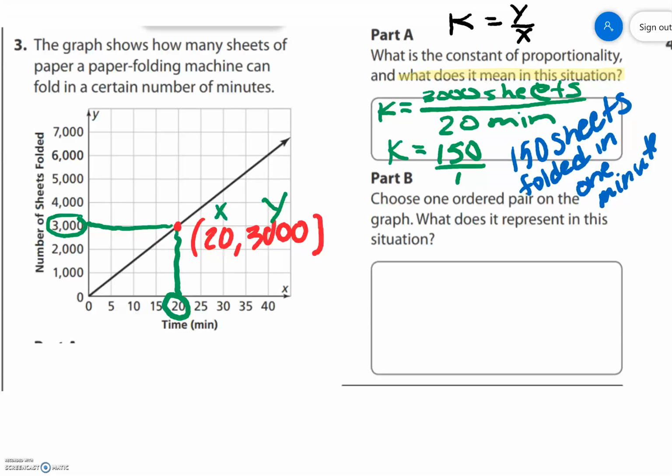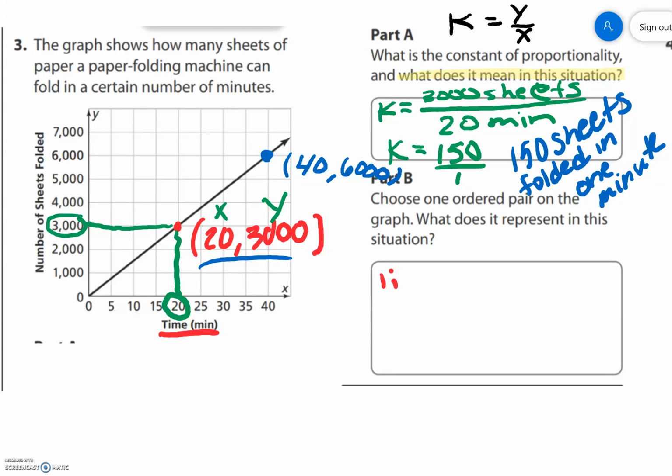All right, part B, choose an ordered pair on the graph. What does it represent in this situation? Well, you can use this point. You could use, here's another good point, that is 40, 6,000. Again, they're just trying to see, do you know what it means? What does the 20 stand for? Well, you follow the 20 down, that's time in minutes.